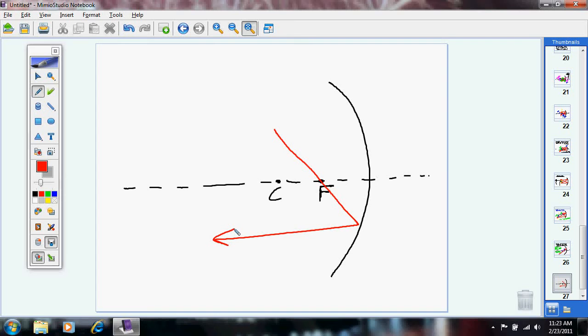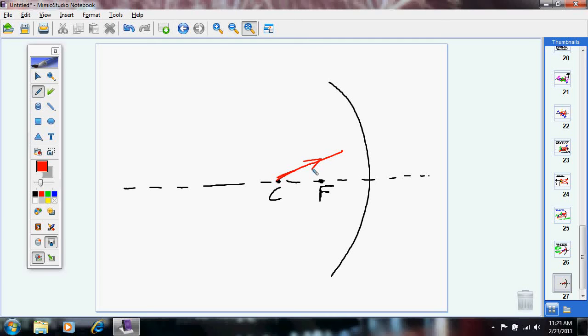Well, the third important ray, which we have to use in these last two cases, is a light ray coming from the center of curvature. It's going to be going right along the radius of the circle.